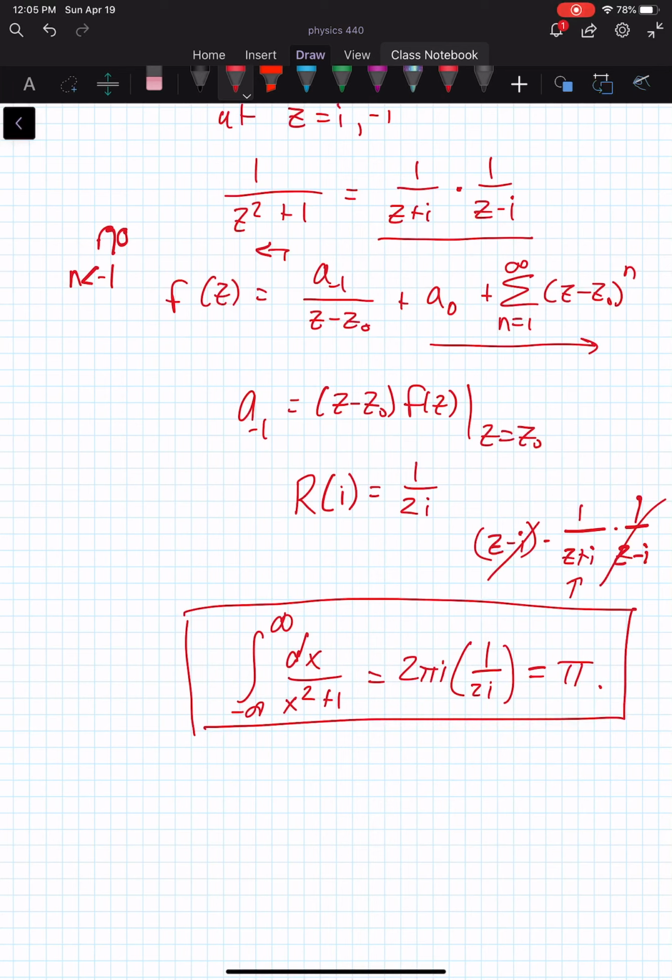Okay, so key points here. Residue is what's left over from the analytic region.